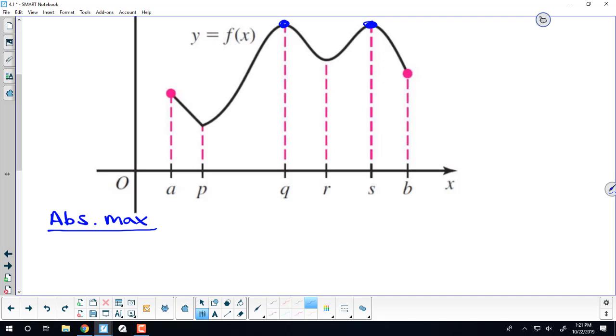Do y'all agree? It's the absolute maximum, so we'll just say at x equal q and x equal s. How about the absolute minimum? At p. Do y'all agree with that? Absolute minimum at x equals p.